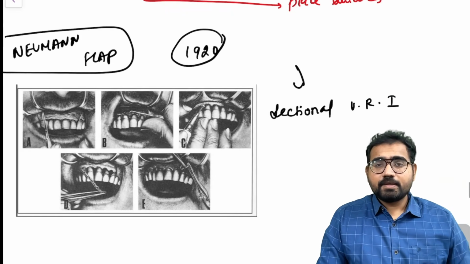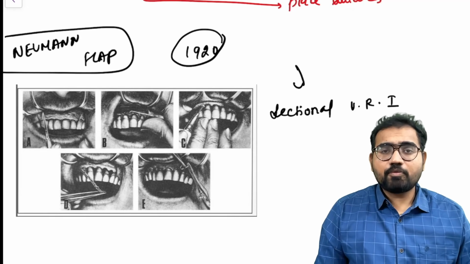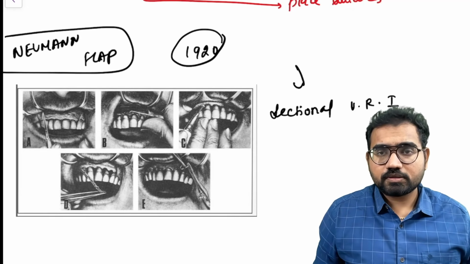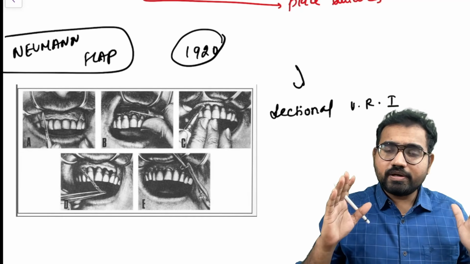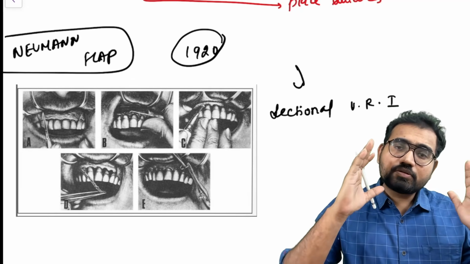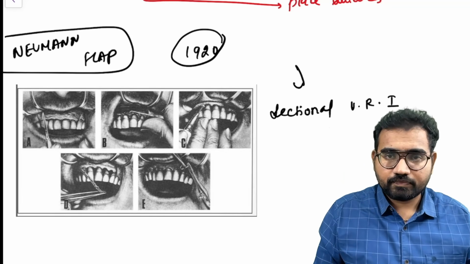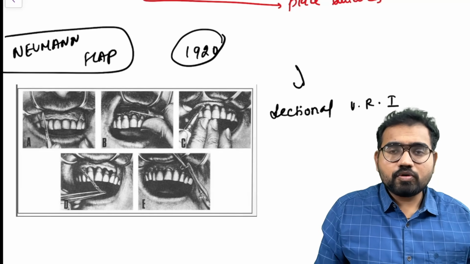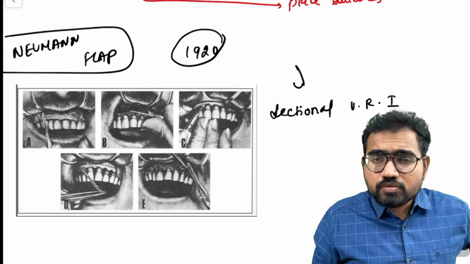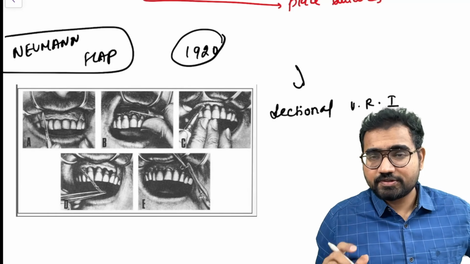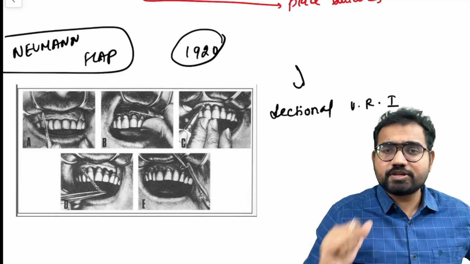For example, if I see pockets in only 2 teeth, I'll give vertical releasing incisions in that region alone. I will not be giving them for the entire quadrant. So the vertical releasing incisions are limited to sections.